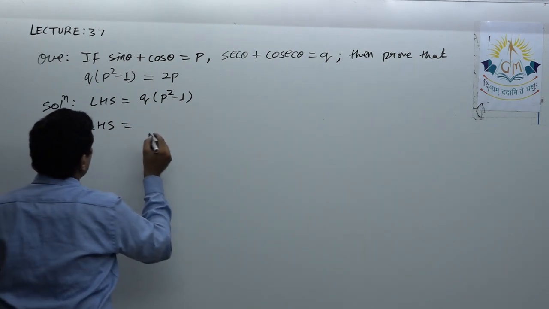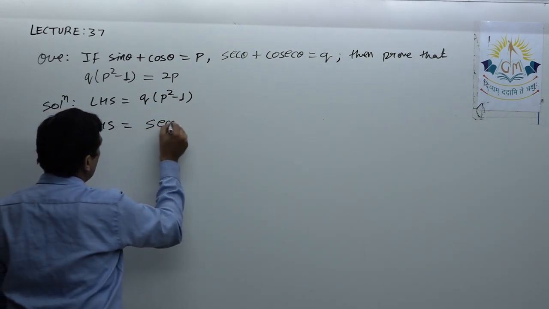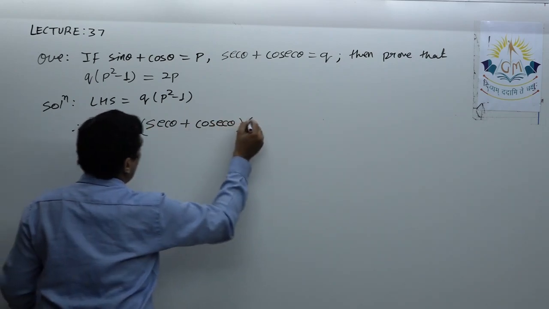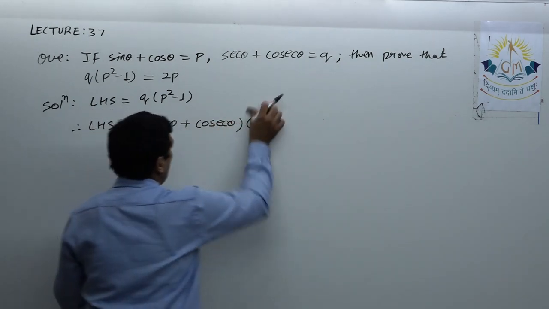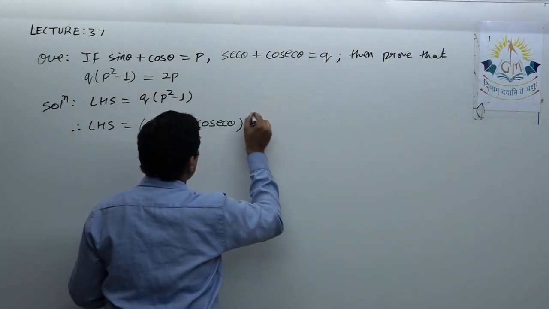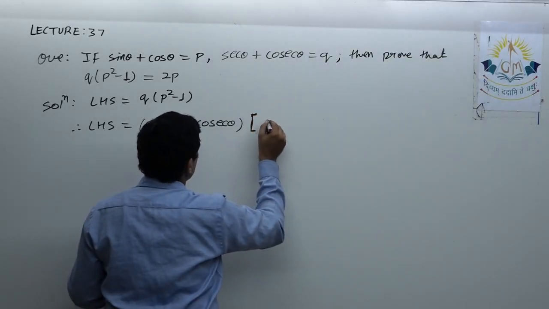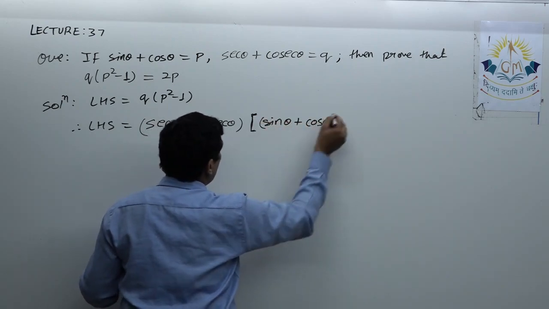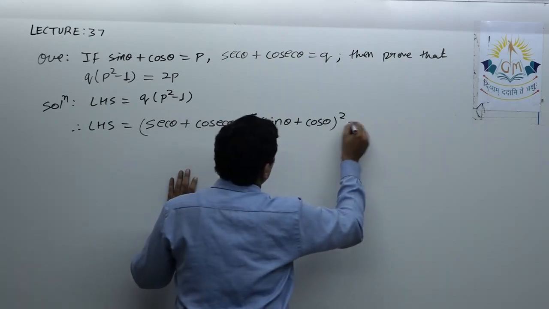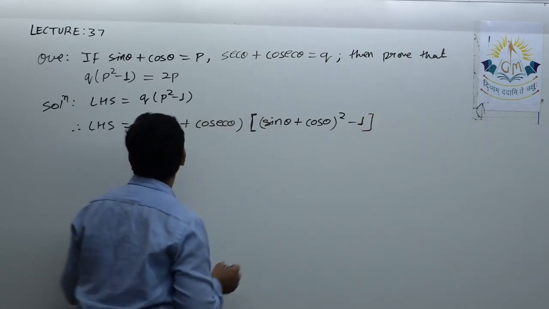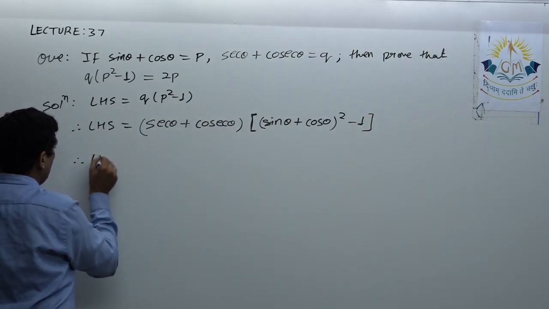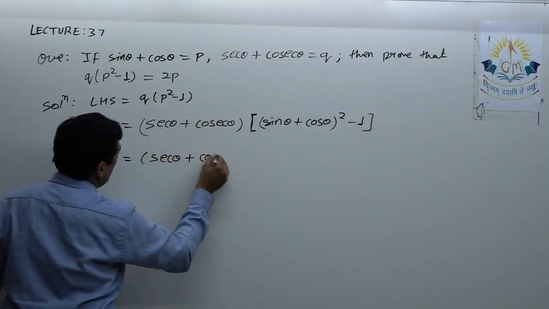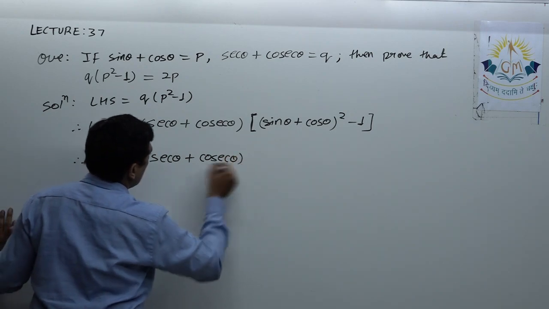Now q is sec theta plus cosec theta, and p square minus 1, where the value of p is sine theta plus cos theta whole square, minus 1. Therefore LHS is equal to sec theta plus cosec theta.